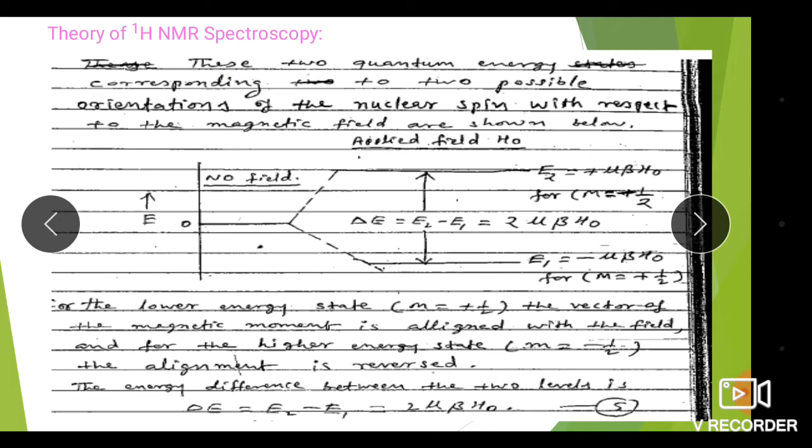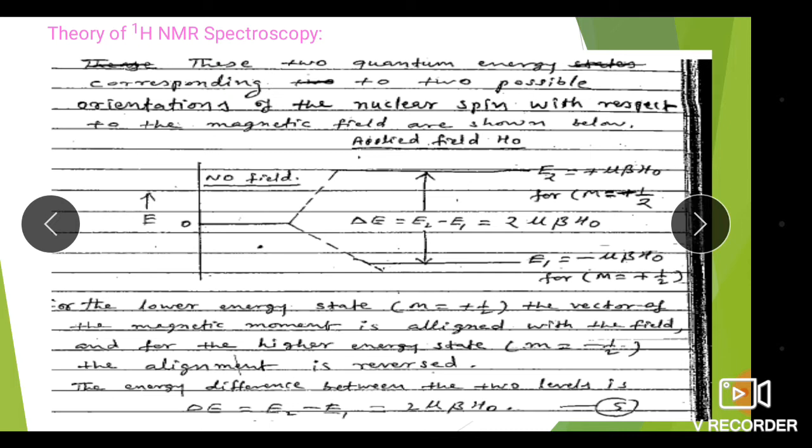Then these two quantum energies corresponding to two possible orientations of the nuclear spin with respect to the magnetic field are shown when we apply the magnetic field H0.